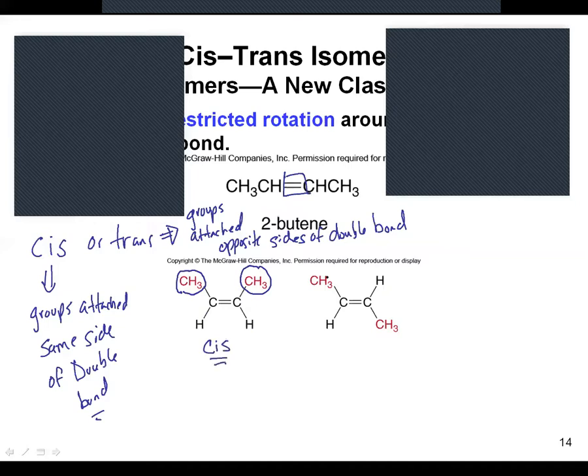When we look at this guy, the CH3 is on top, this CH3 is on the bottom of the double bond, and they're on opposite sides of the double bond, and this would be our trans isomer.